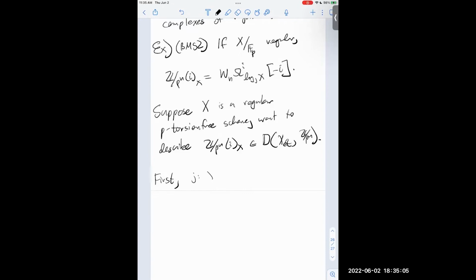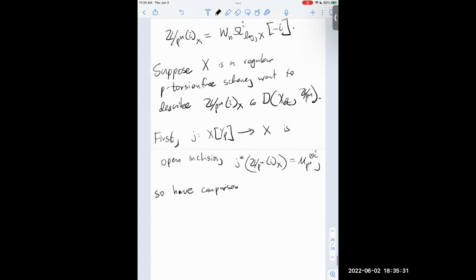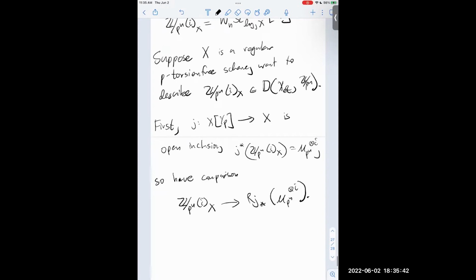So if j from X adjoin 1 over P to X is the open inclusion, then j upper star of Z mod P to the N twisted by I sub X is always mu P to the N tensor I. So we obtain a comparison map from Z mod P to the N twisted by I sub X to Rj lower star of mu P to the N tensor I. So we always have a comparison map from the generic fiber like this.